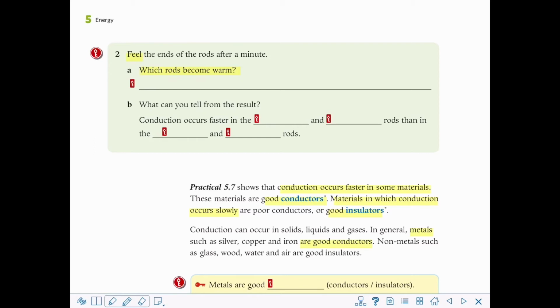Now here are the answers. Which rods become warm? The copper rod and the iron rod. What can you tell from the results? Conduction occurs faster in the copper and iron rods than in the glass and wooden rods.